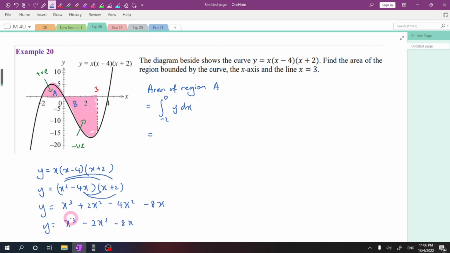Okay, now I can bring this whole thing go in here. Negative 2, 0. y is equal to this, x power 3 minus 2x squared minus 8x dx. Okay, now we can start to do the integration. x power 4 divided by 4 minus 2x power 3 divided by 3. Remember the power, we need to add 1.